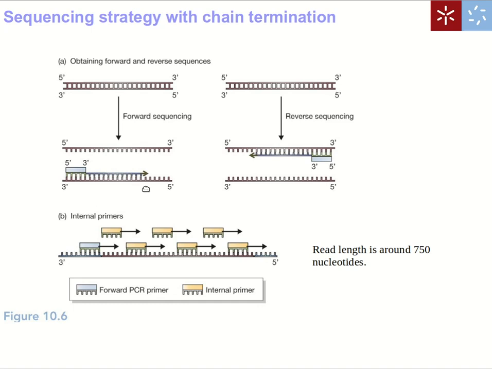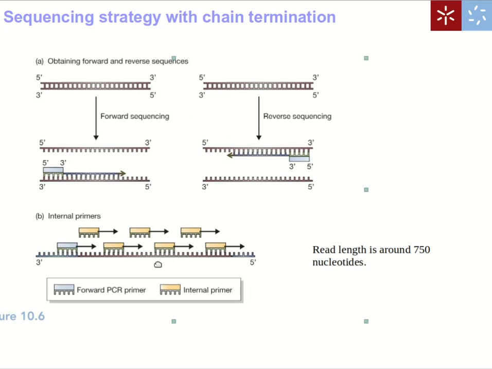We can sequence about 750 nucleotides in one go. This means that if we want to sequence a larger DNA molecule, as this one here, we need to synthesize new primers to sit on other locations in order to obtain the entire sequence.